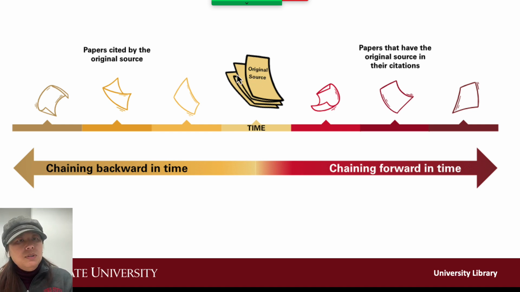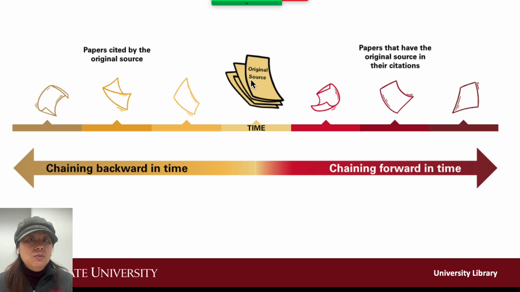Anything that is found in the references, the literature cited in this original source, was published before this one. So you can take the source that was published a month ago, citation chaining backward, and you should be okay if you stay within that 10-year range.